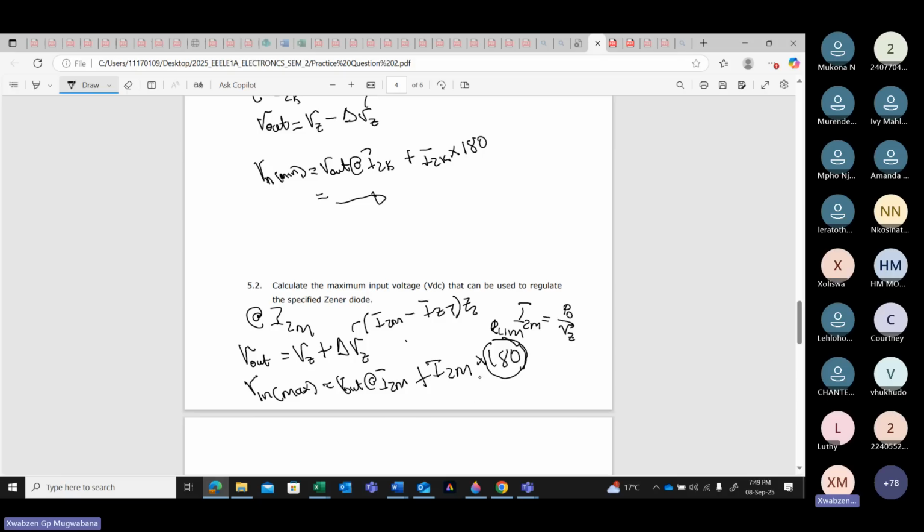Yes, sir. Which means for us to do that, our R limiter will be given by our V in, which is the specified V in, minus V out.